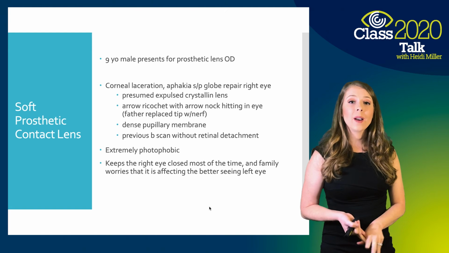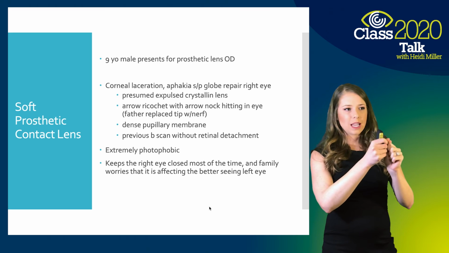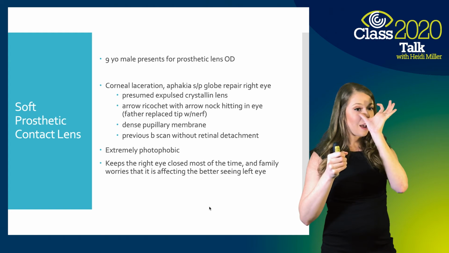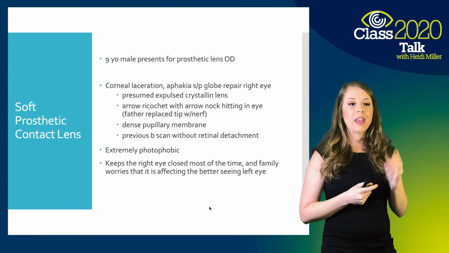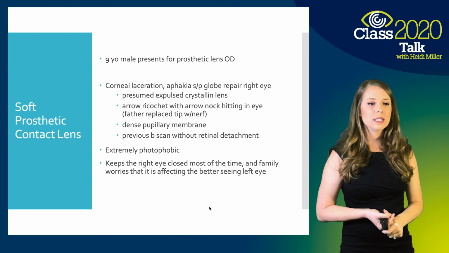This all occurred because of an arrow. The child was cocking the arrow and it ricocheted back and knocked him in the eye with the knock of the arrow. That force created this trauma for this 9-year-old.